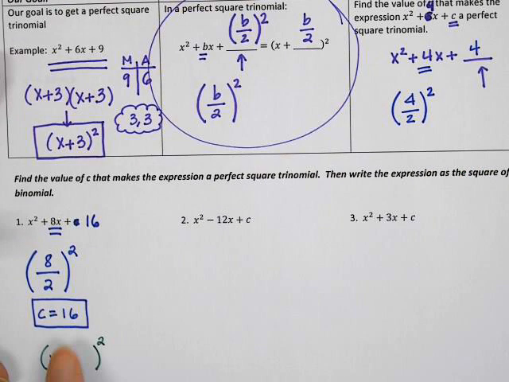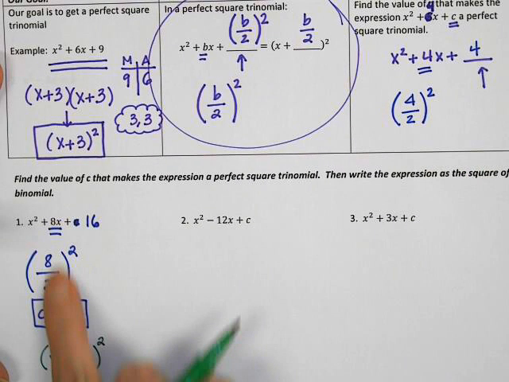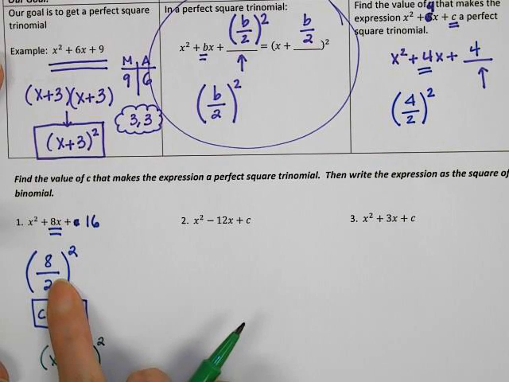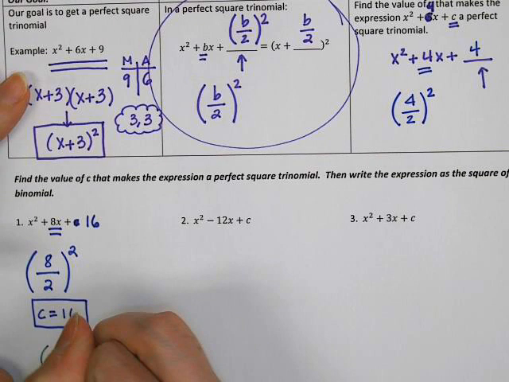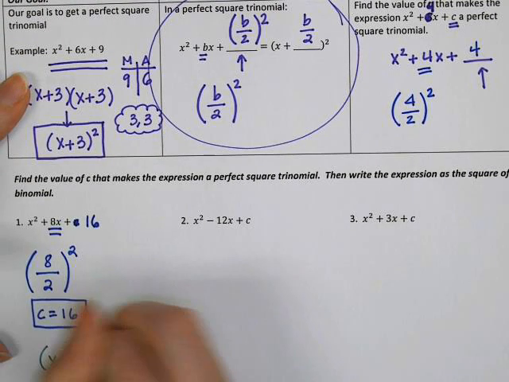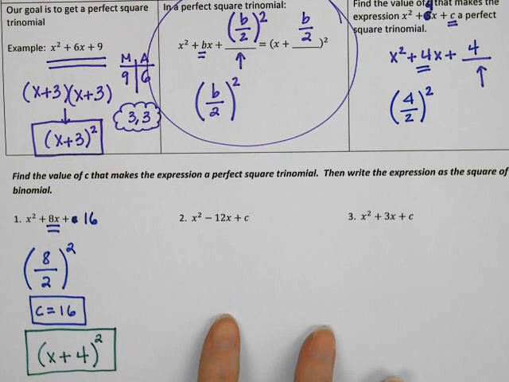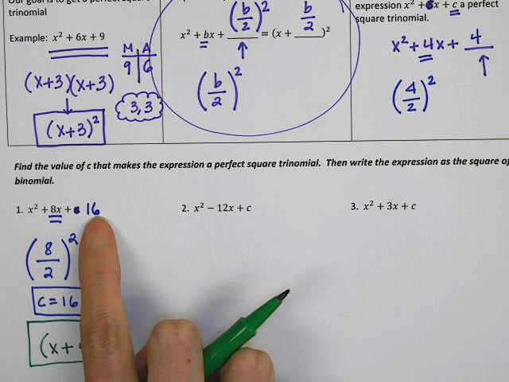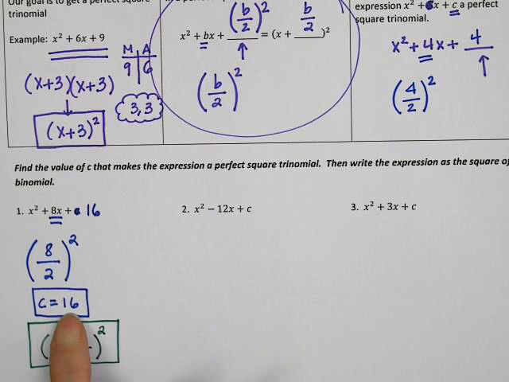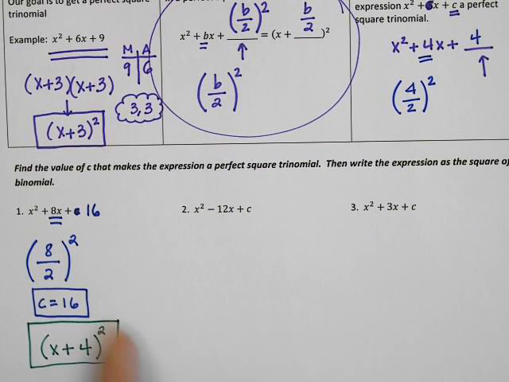In this case, the b over 2 was just the 8 divided by 2, which is 4. So this goes here: x plus 4 quantity squared. These questions are asking two things: find the missing number that makes it a perfect square, and then turn it into a perfect square.